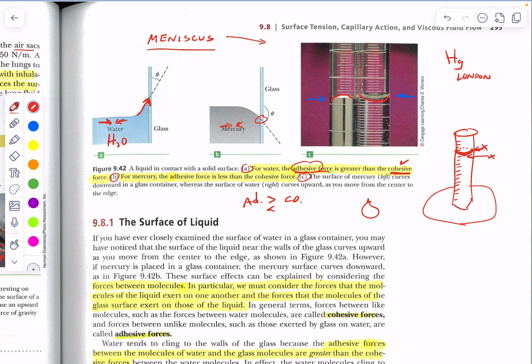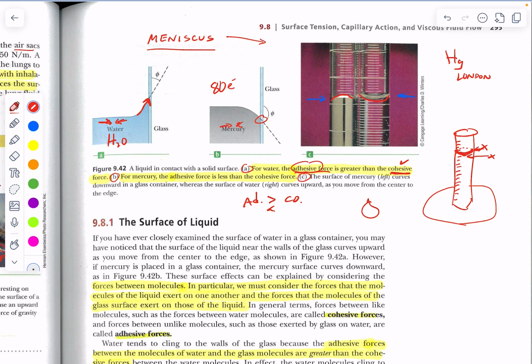And those forces all depend upon how many electrons there are about the atom. And so mercury is quite a big atom. You might recall that mercury is element number 80. And so around each mercury nucleus, you've got 80 electrons.